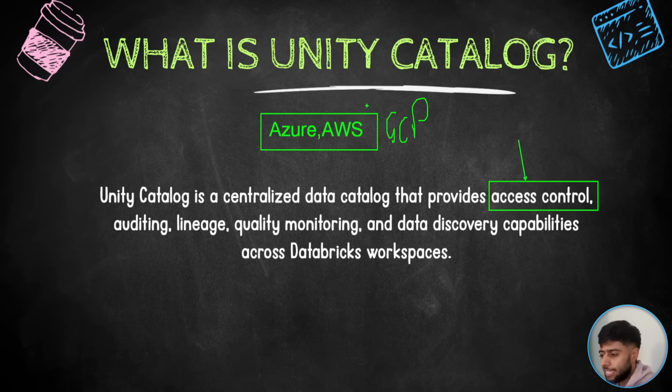All means senior, junior, new joinees, everyone. But those 10 tables should not be visible to anyone else, because those are sensitive data, and those 10 tables should be visible only to the senior data engineers or senior data analysts or senior data scientists. You can do it with the access control feature of the Unity catalog. Make sense? This is one.